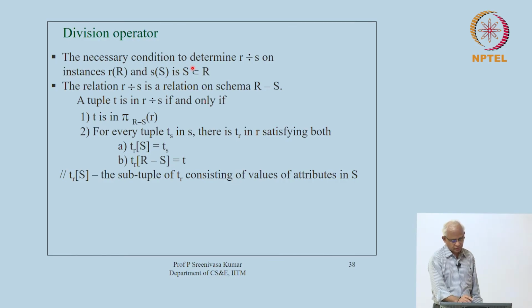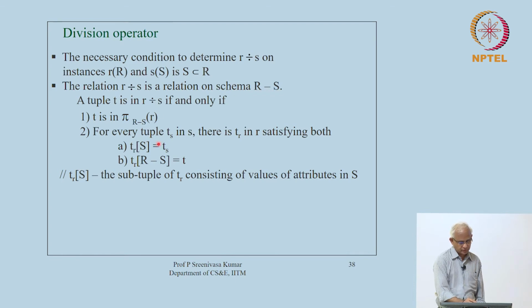The necessary condition for us to determine R divided by S on instances R and S is that the scheme S should be a subset of R, a proper subset of R, in fact. So the relation R divided by S is a relation on the scheme R minus S.